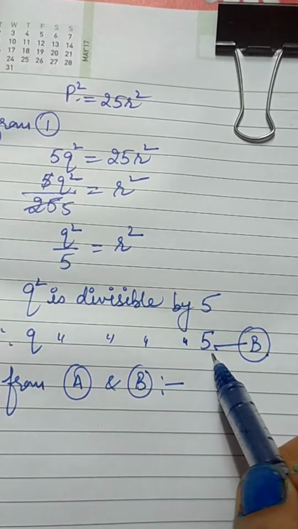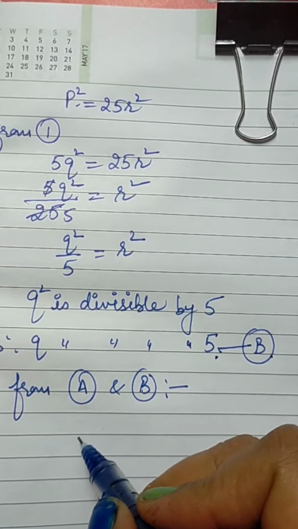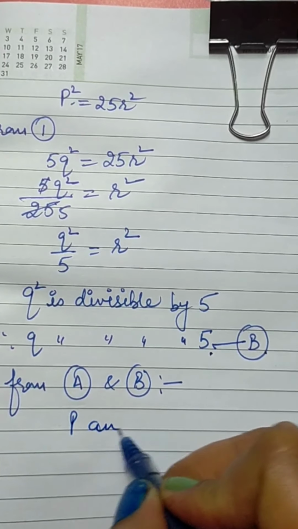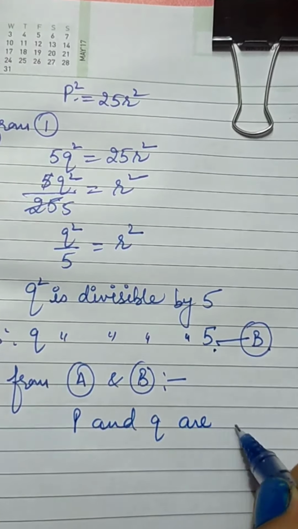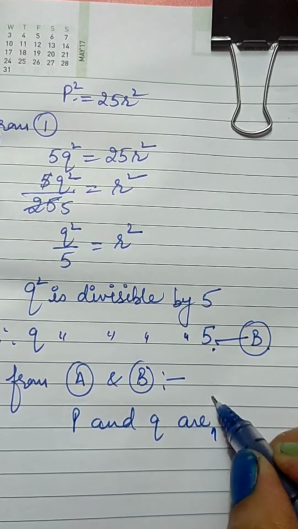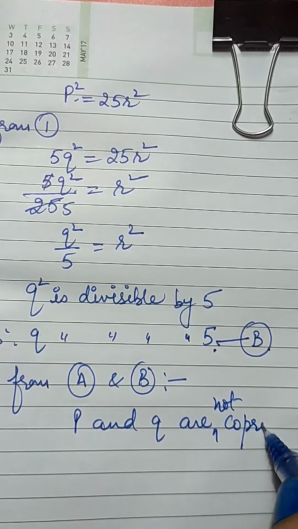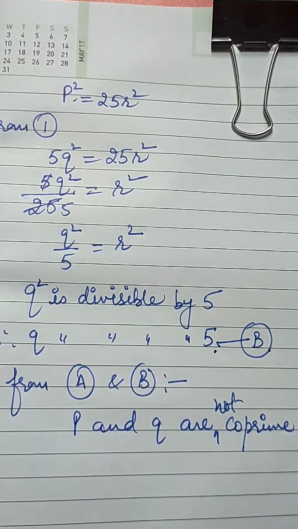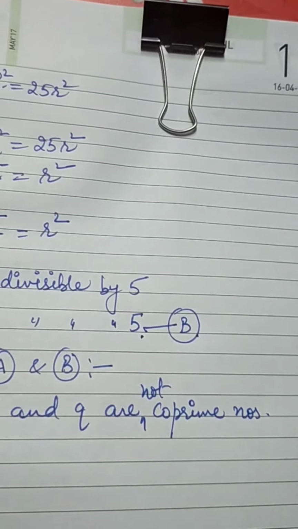That means 5 is common in both of them, p and q. It means they are not co-prime. p and q are not co-prime numbers. It means our supposition is wrong.